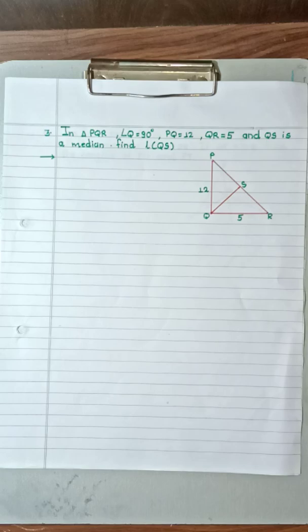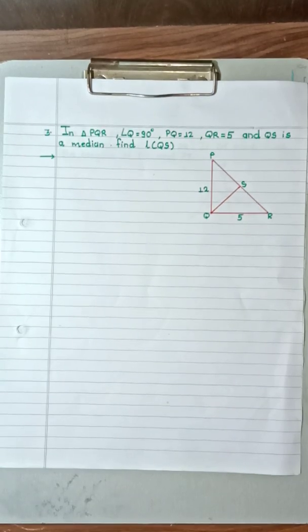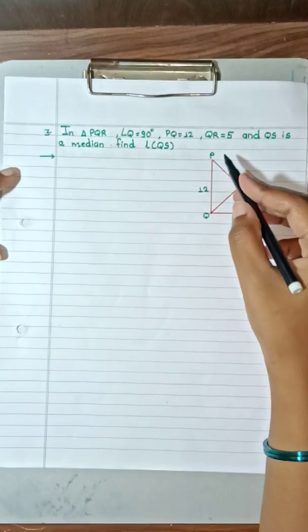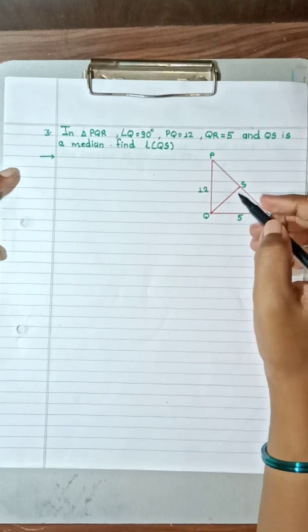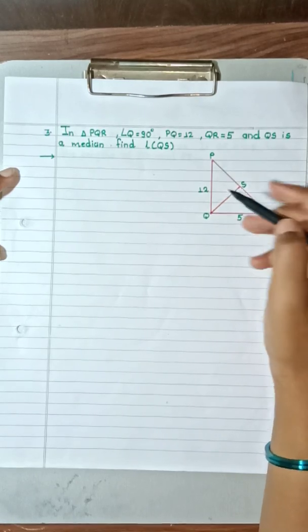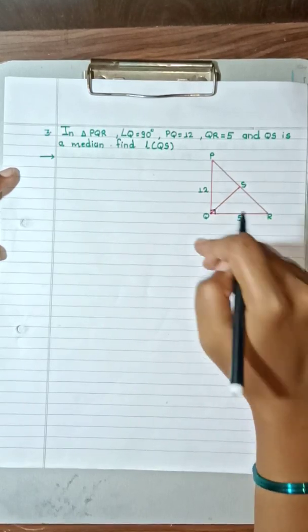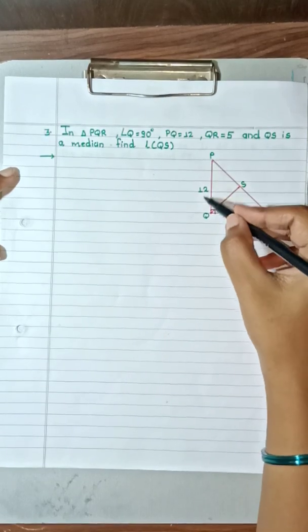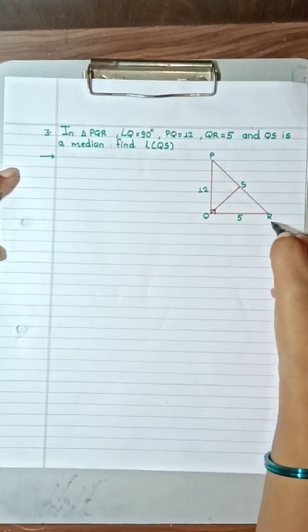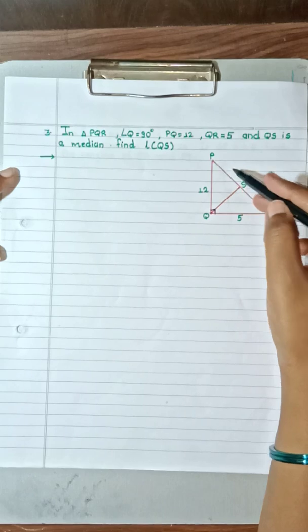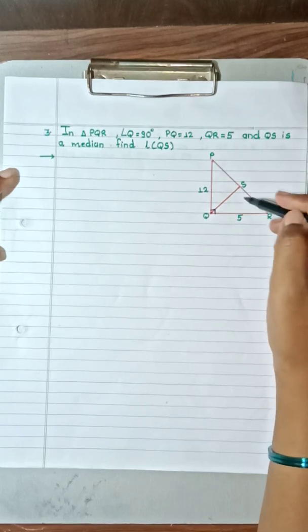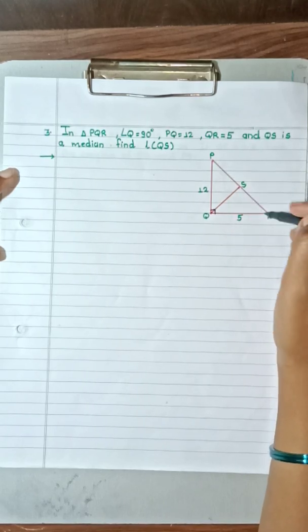Now in the third question, they've given you triangle PQR. In triangle PQR, angle Q is 90 degrees, PQ is 12, QR is 5, and this is PR. First of all we have to find the value of PR.